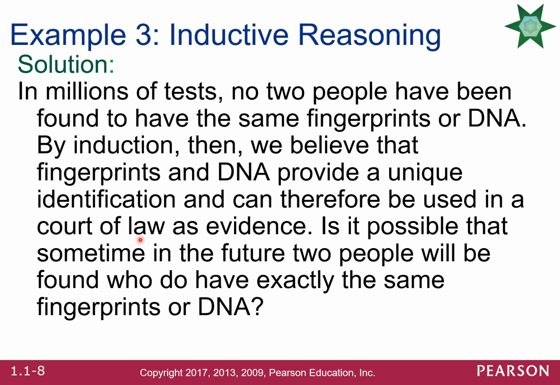Is it possible that sometime in the future two people will be found who do have exactly the same fingerprints or DNA? All right. So what they're saying is that, yeah, we have studied maybe 1 million fingerprints and we found that every fingerprint is unique, and based on that, we can safely conclude, or used inductive reasoning to come to the conclusion, that everybody's fingerprints are unique, even the ones that were not in our study.